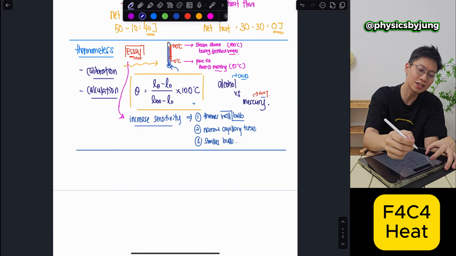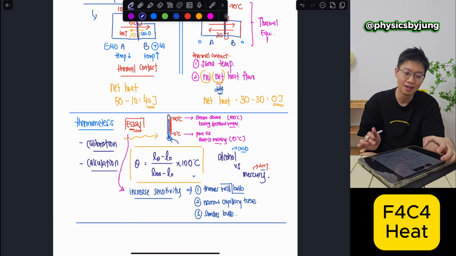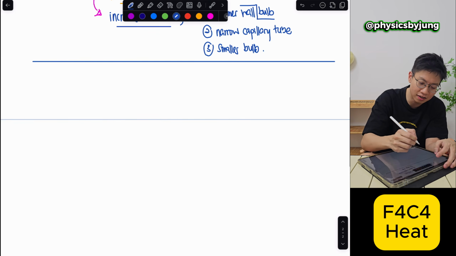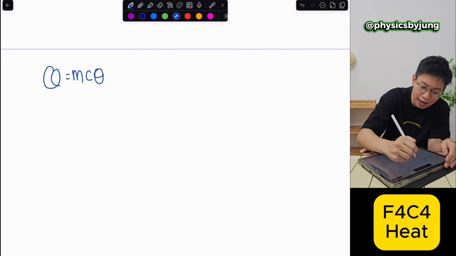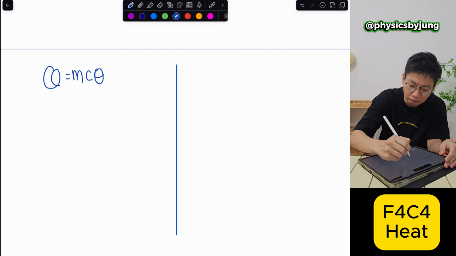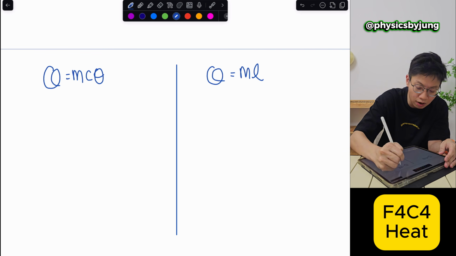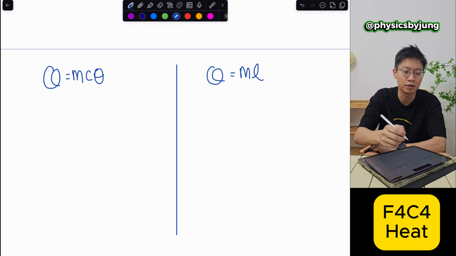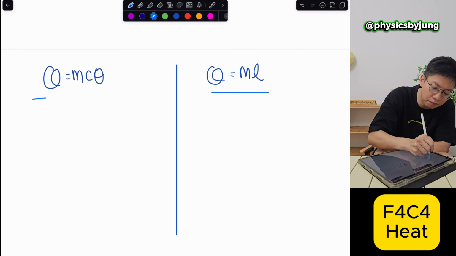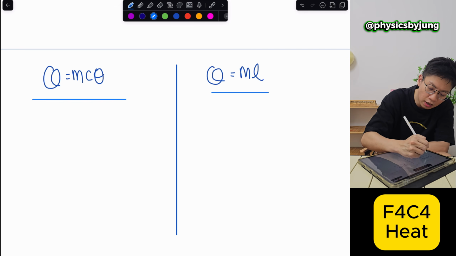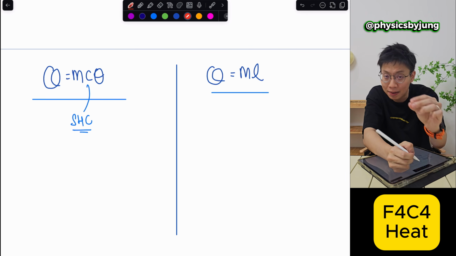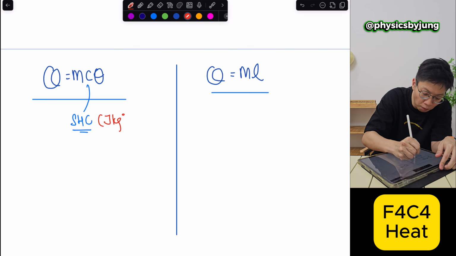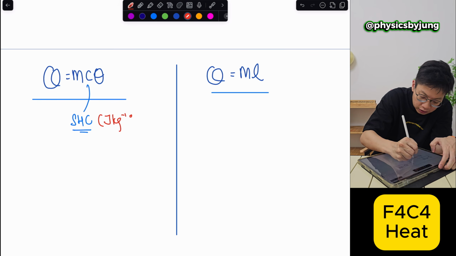Okay, next. This is just only on 4.1. Now, there's a very big topic here, which is the difference between Q equals mc theta against Q equals ml. Very simple. Q equals mc theta involves your specific heat capacity, which has the unit joule per kg per degree Celsius.